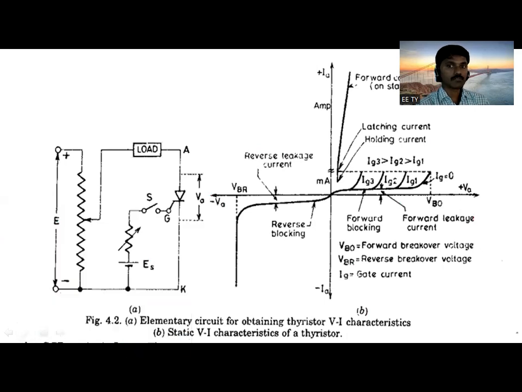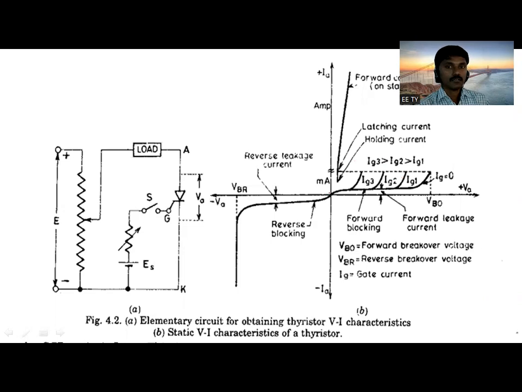If the gate current is increased from IG1 to IG2, the thyristor turns on sooner. If the gate current is again increased from IG2 to IG3, again the thyristor will turn on at lower voltage levels. Clear? That is the meaning of IG1, IG2, and IG3. So here IG3 is greater than IG2 greater than IG1. These are the magnitudes of the gate currents. So simply remember, the more you increase the gate current, the sooner the thyristor turns on.